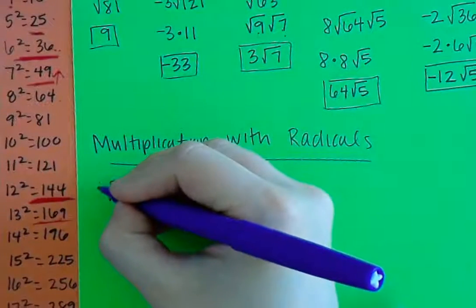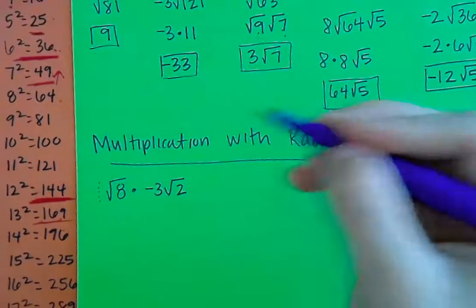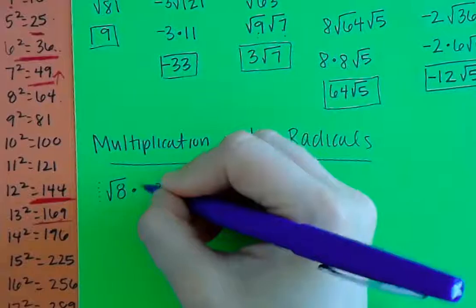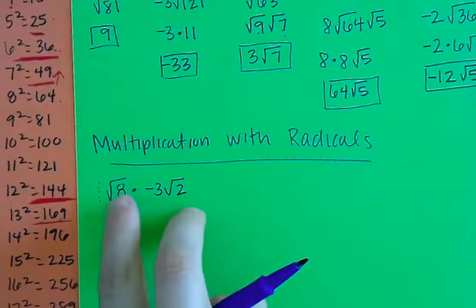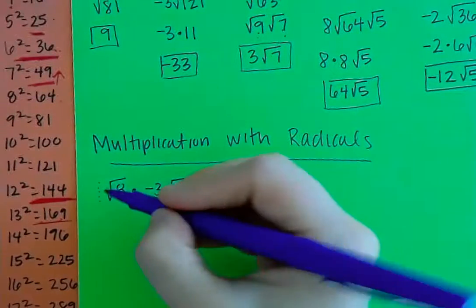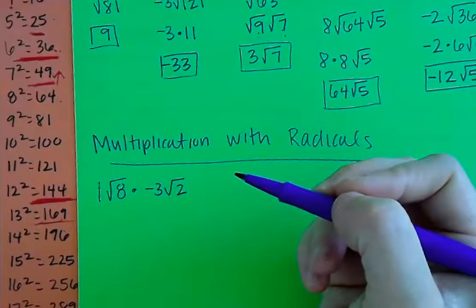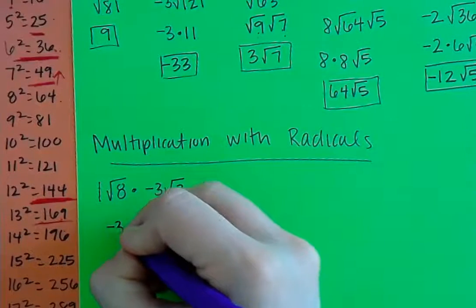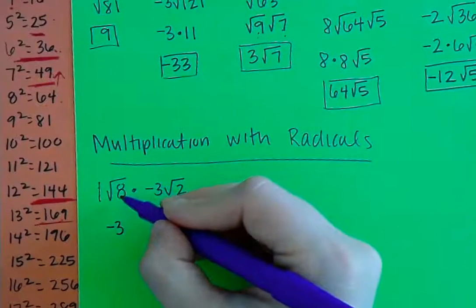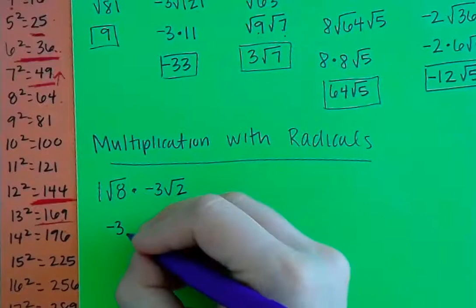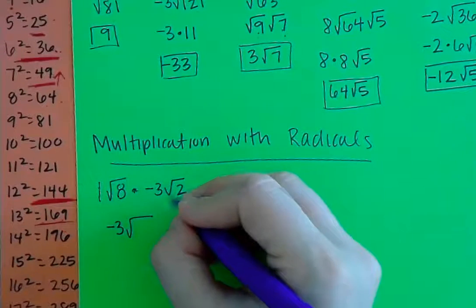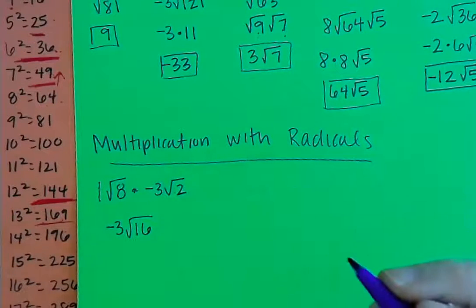There's an imaginary 1, right? So just think the numbers on the outside go together and the numbers under the radical go together. So what's 1 times negative 3? That's just negative 3. And now what's 8 times 2? Well, 8 times 2 is 16.